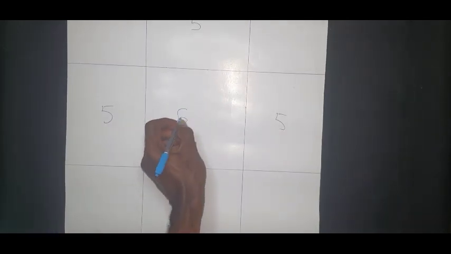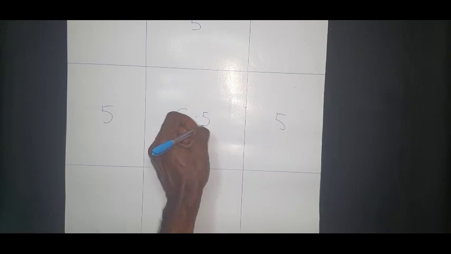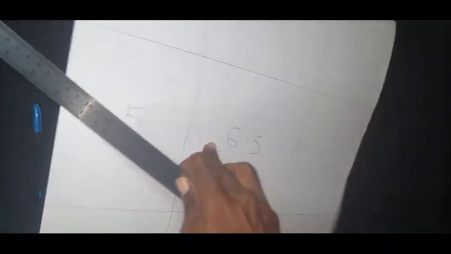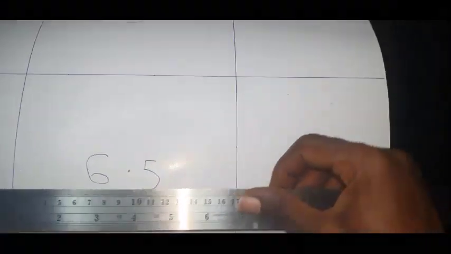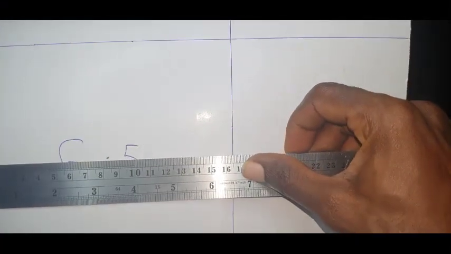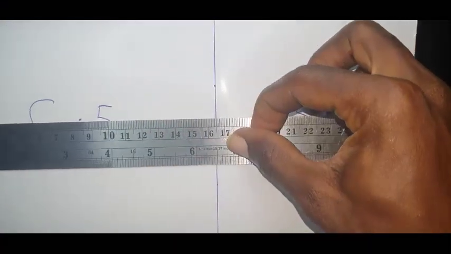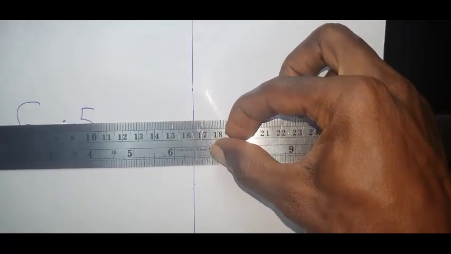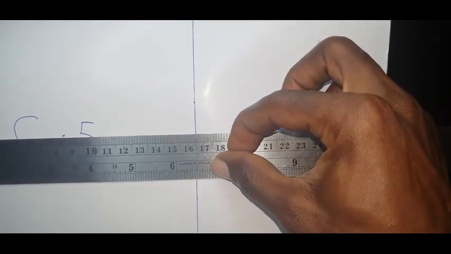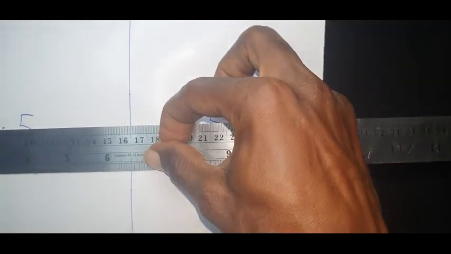This would be what? 6.5. Let's confirm. Is that correct? Yes, we're on track. That gives us 6.5 inches.